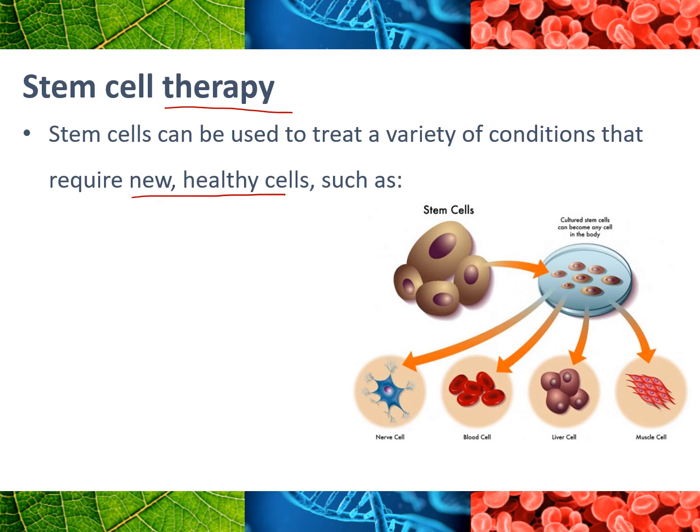So they can be really useful at treating things such as certain types of cancer. So for example, leukemia, which is a cancer of the blood and of white blood cells, someone can get a bone marrow transplant and the stem cells within that bone marrow will produce healthy white blood cells that person can't produce for themselves.